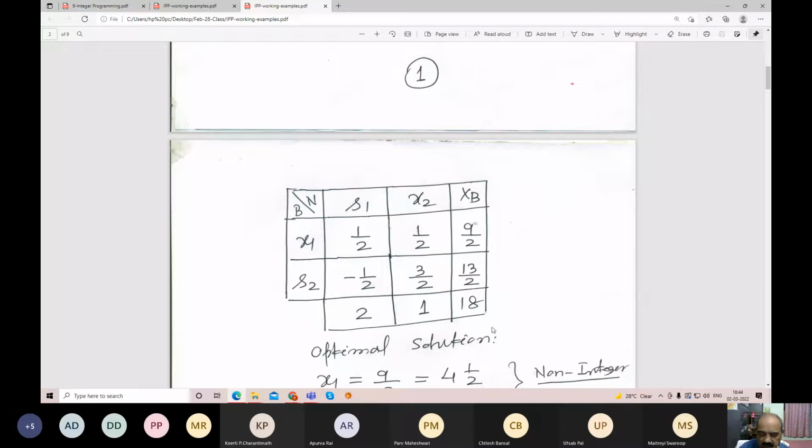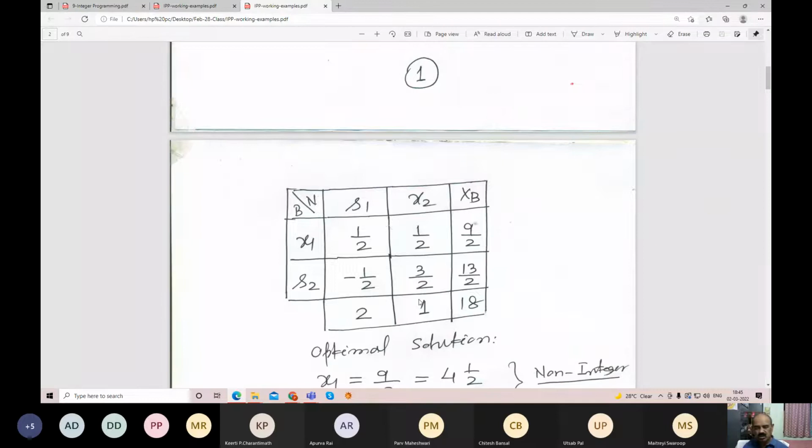So presently this solution is optimal. However, the variables are non-integers. X1 is a variable, its value is 9 by 2, non-integer. S2 is another variable, a slack variable, and its value is non-integer, 13 by 2.